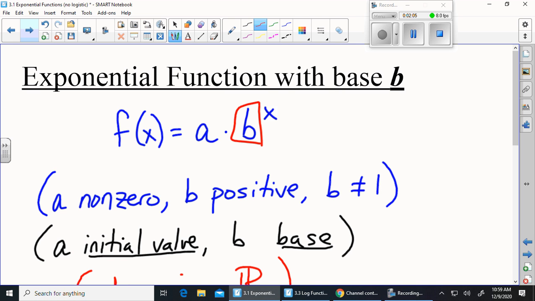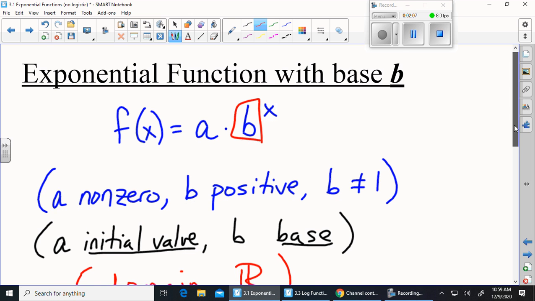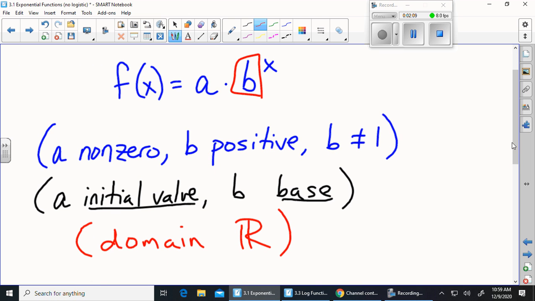So it has to be positive. If you have a negative, as I just said, that's a reflection. When we do word problems tomorrow, a is really my initial value. b is my base. My domain is all real numbers, because I can take any number to any power.